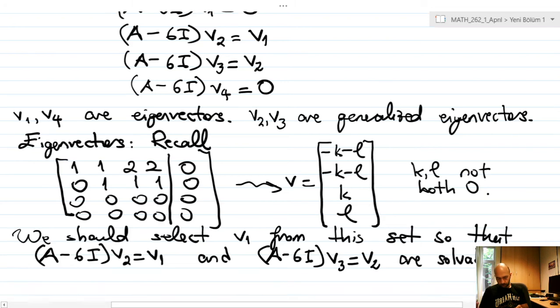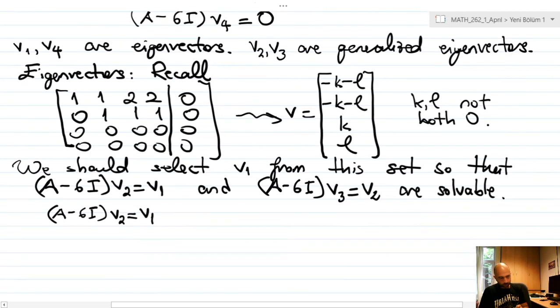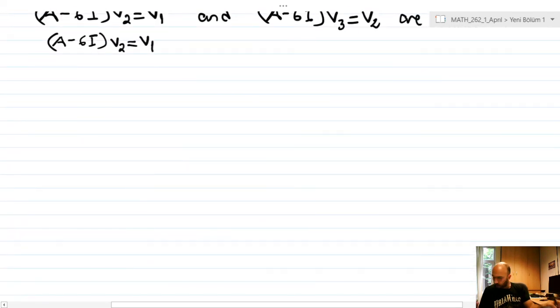Okay. Let's start from the first one. So look at A minus 6I V2 equals V1. How would we write down this linear system?